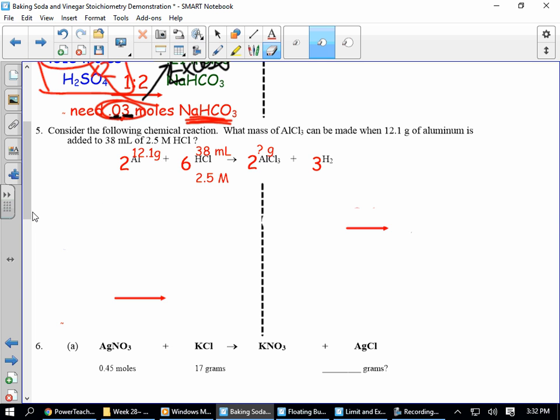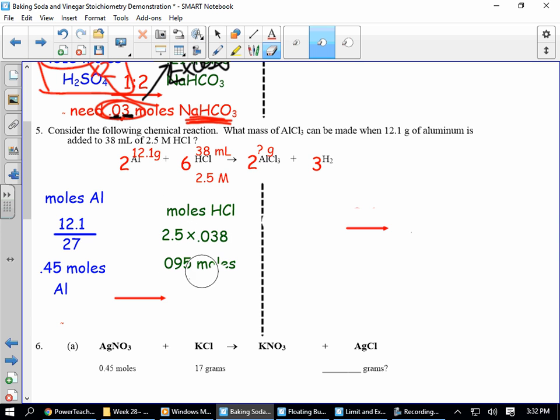So what I'm going to do is find moles of aluminum by dividing by its formula weight, which is 27. And then I'm going to get 0.45 moles of aluminum. I'm going to put this into liters and multiply it by its molarity for moles of my hydrochloric acid. And then we're going to take a look here. I personally like to multiply.